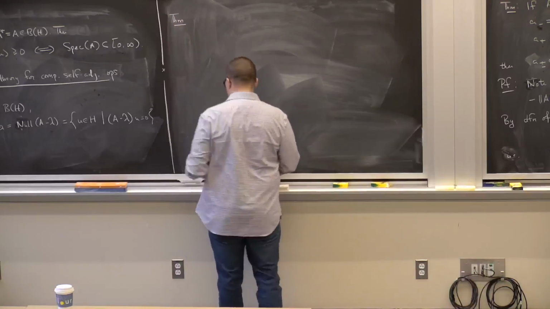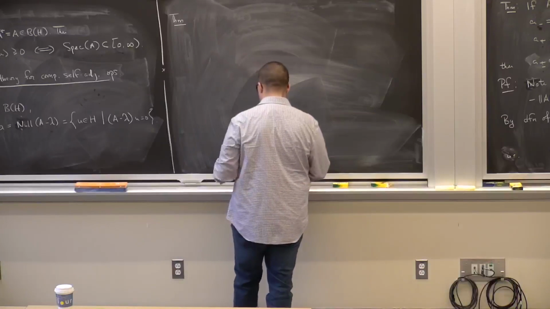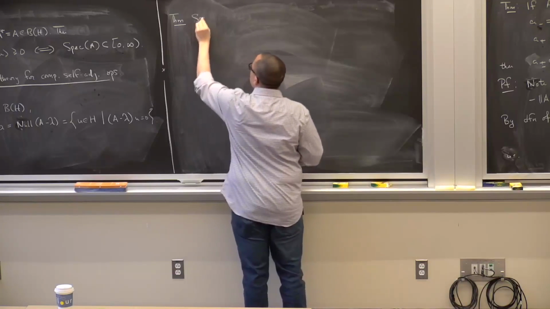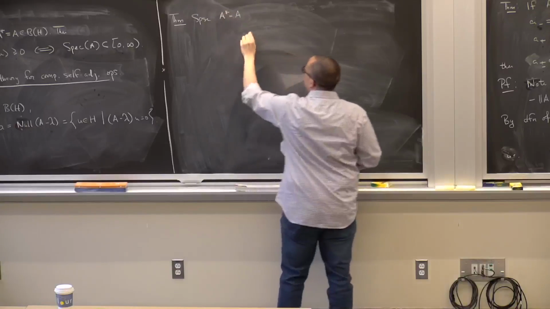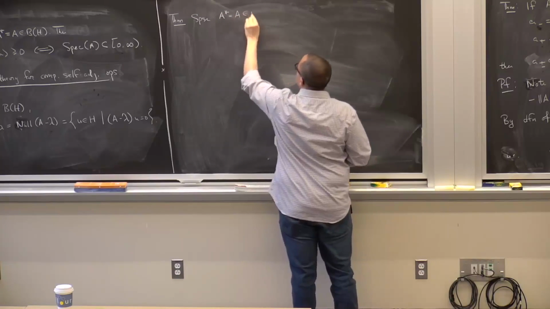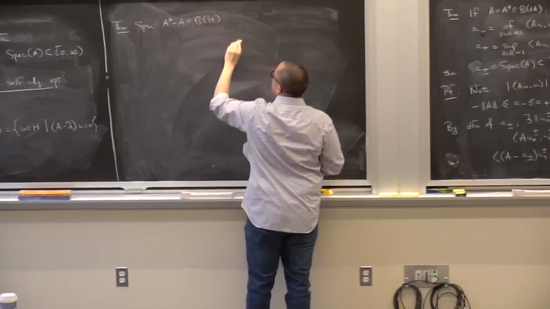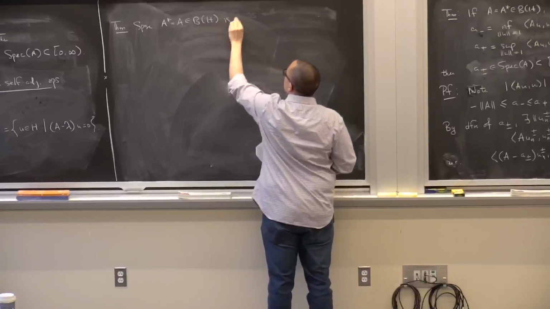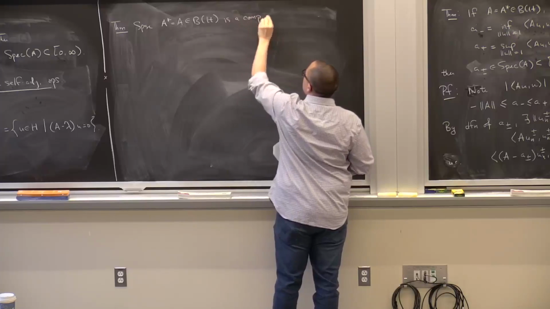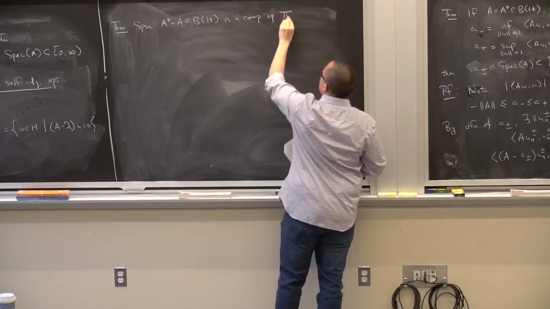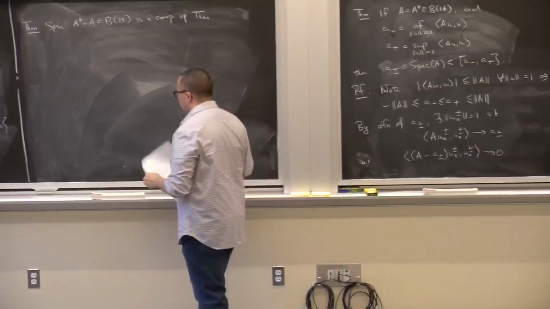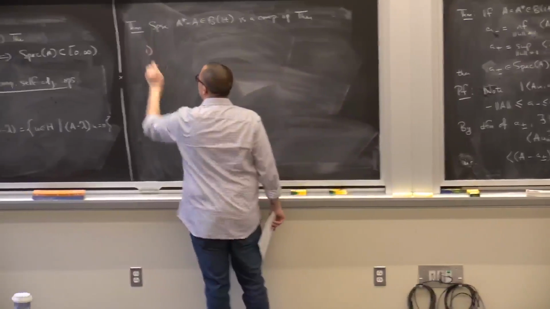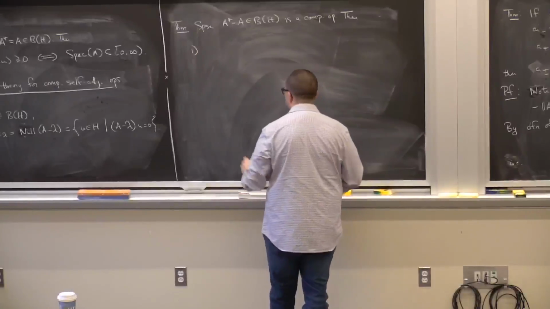So we have the following theorem. Suppose A star and A, so A is a compact self-adjoint operator, then a few things.